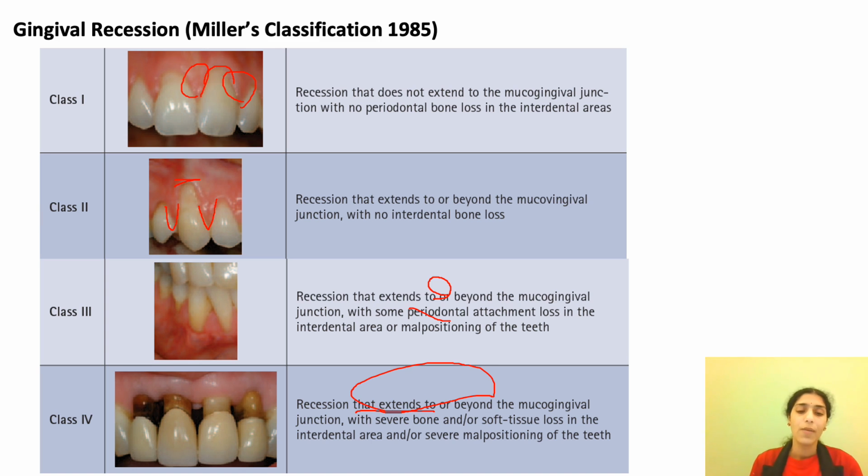But class 4 is very poorly predictable. The chances of getting the recession covered will be very low or almost none. So that's why we don't attempt root coverage surgeries in class 4 cases, and only in selective class 3 cases can we try. Class 1 and class 2, you can definitely try to do the coverage procedures.